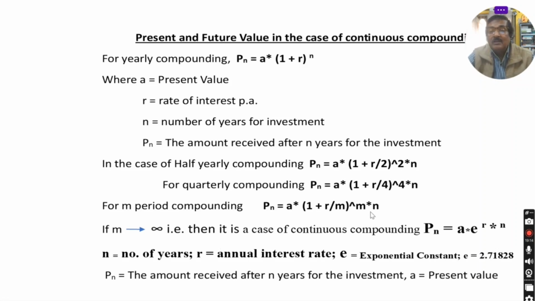The formula will change in this way: Pn is equal to A into e to the power Rn. N is the number of years, R is the annual interest rate, E is the exponential constant, the value of which is this, and A is the present value.